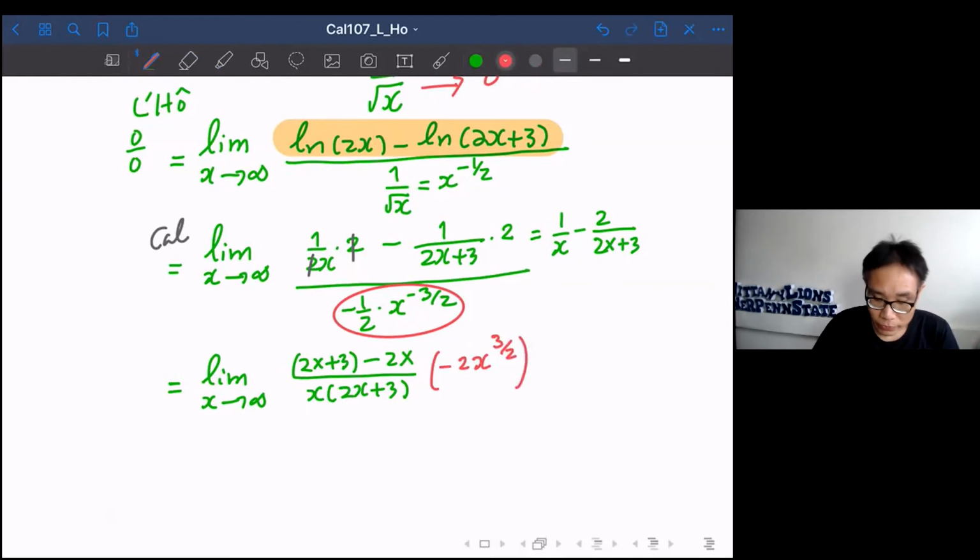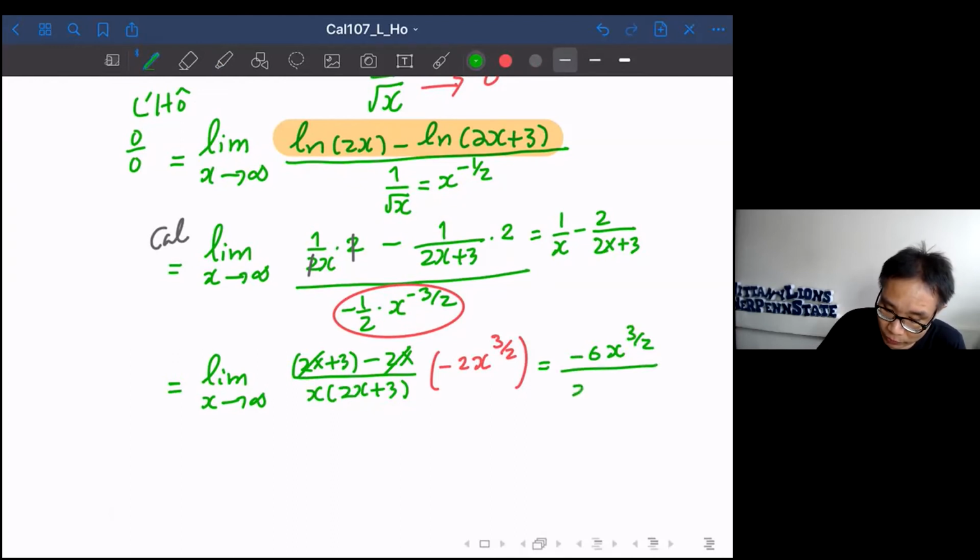And what you will have, 2x and negative 2x cancel, so it's going to be negative 6x to the 3/2 over the bottom, which turned out to be 2x squared plus 3x.